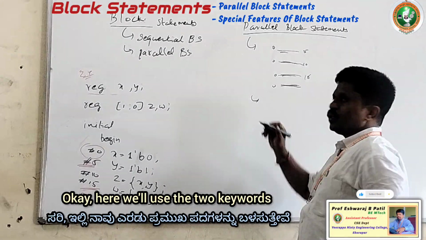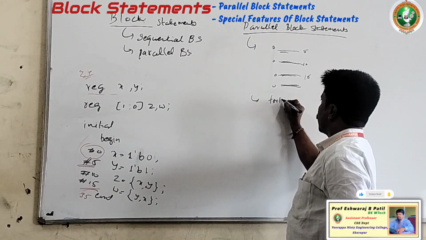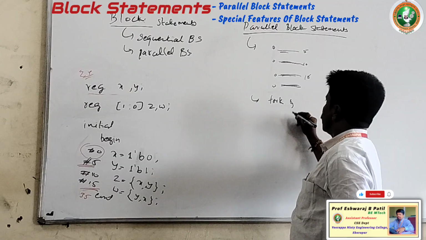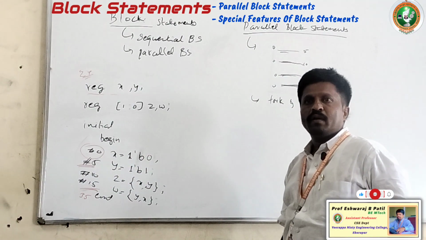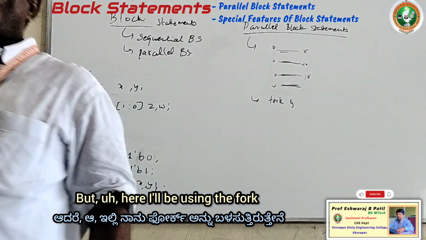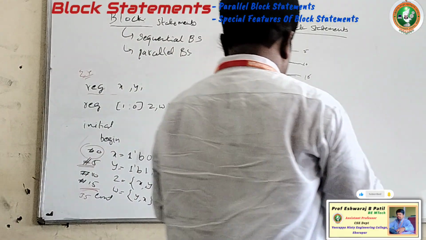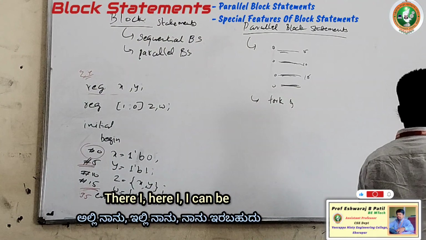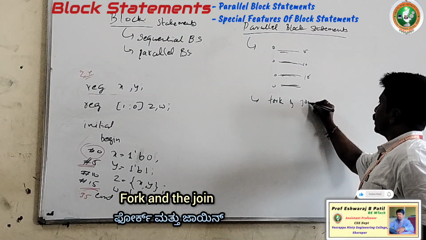Here we will use two keywords. There we use begin and end, but here I will be using fork and join.